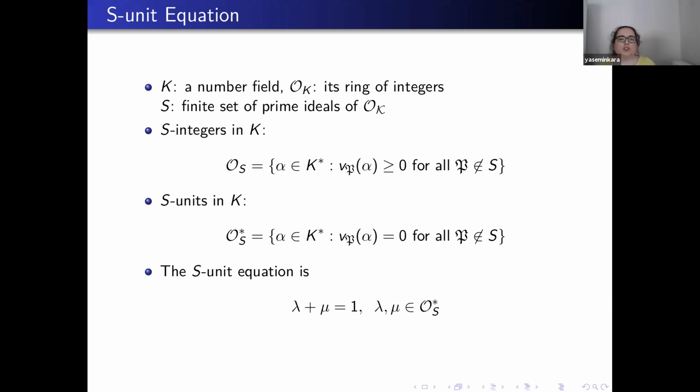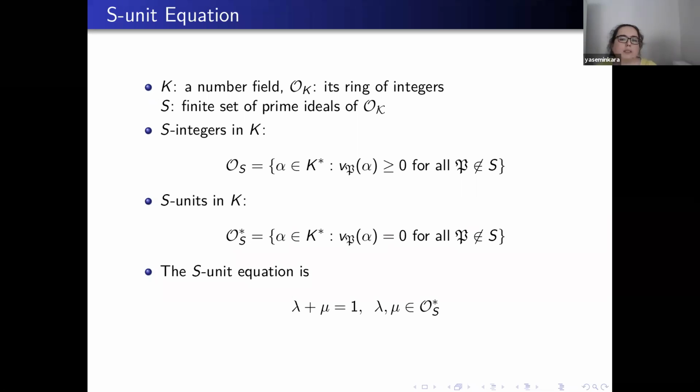So by S-integers in K, we mean the elements alpha of K star such that the valuation of alpha at P is non-negative for all primes which are not in S.